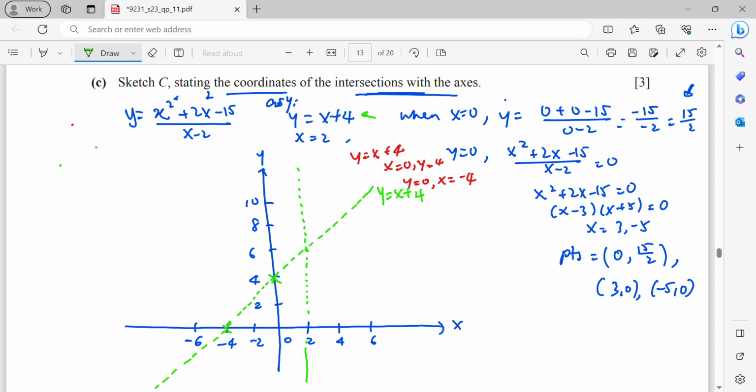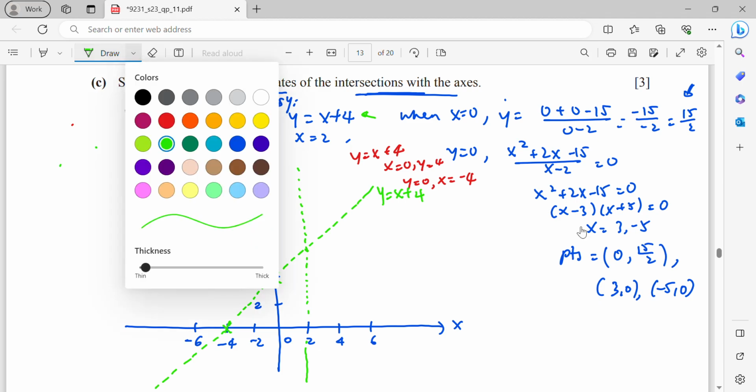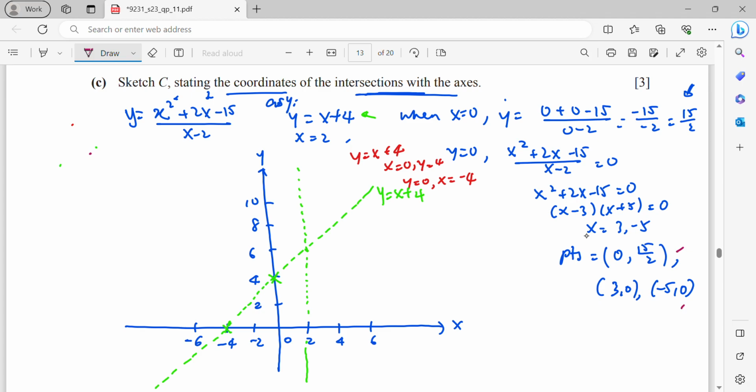It's my asymptote. And then I know that it will be intersecting at these 3 points. So (3, 0), (minus 5, 0), and then (0, 15 over 2). So (0, 7.5). Let's say here is 7.5.